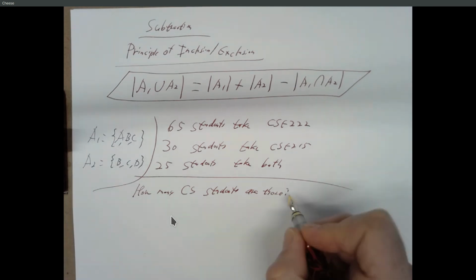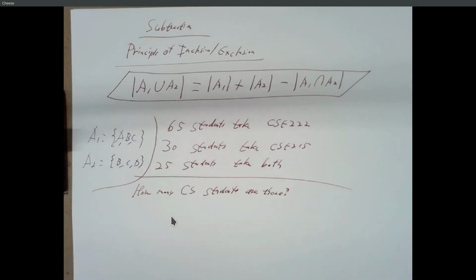And I consider someone to be a CS student if they're taking either one of those courses. So how many CS students are there total?